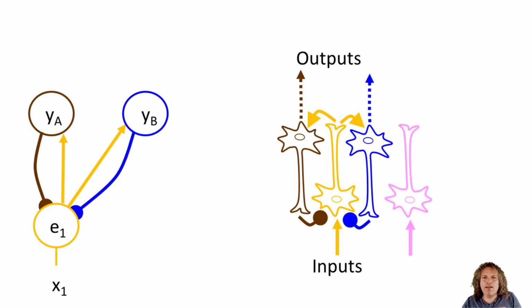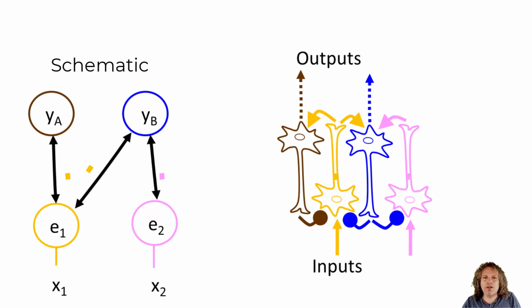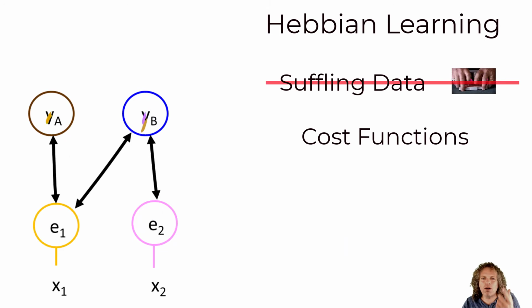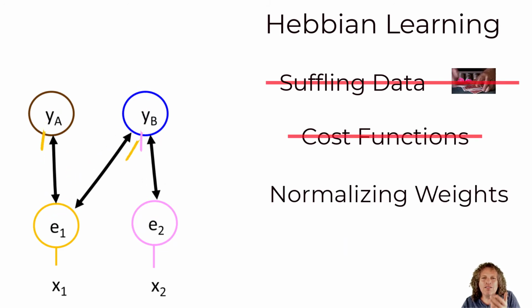Likewise, if you have another input neuron, it not only connects to its associated output, but also gets regulated by its associated output. When recognition networks have a self-regulating core, Hebbian learning is all that's needed. No shuffling, no cost functions, not even normalizing weights. They get normalized by the feedback.